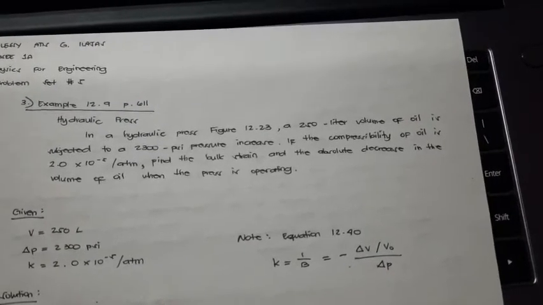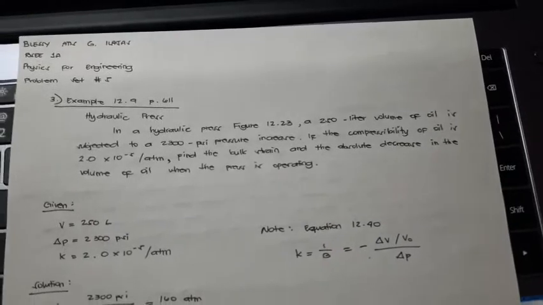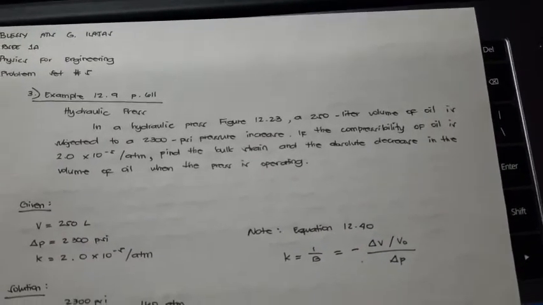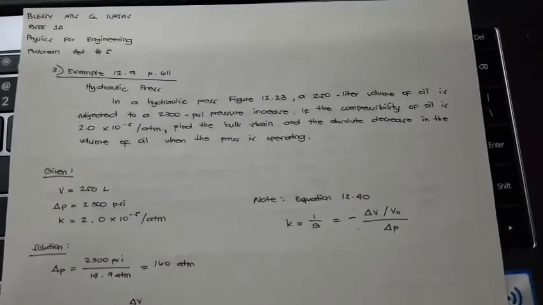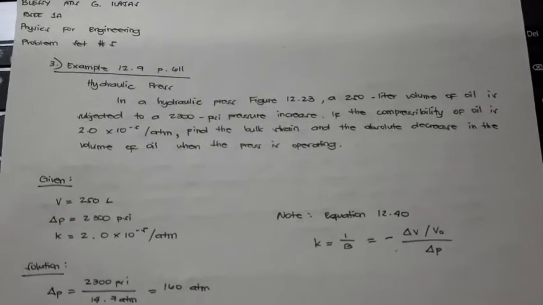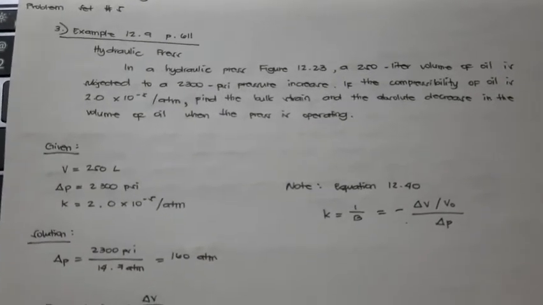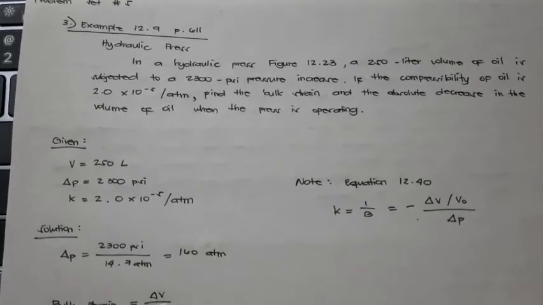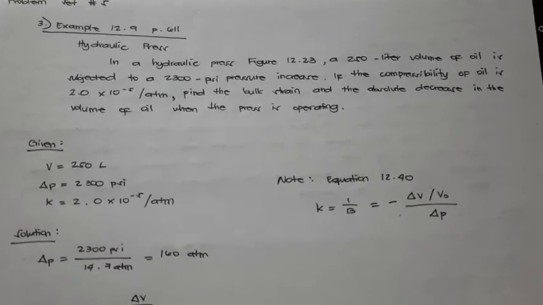If the compressibility of oil is 2.0 times 10 raised to the negative 5 power per atmosphere, find the bulk strain and the absolute decrease in the volume of oil when the press is operating. So, the given is volume equal to 250 liter, and the change of P is equal to 2,300 psi, or the pressure increase.